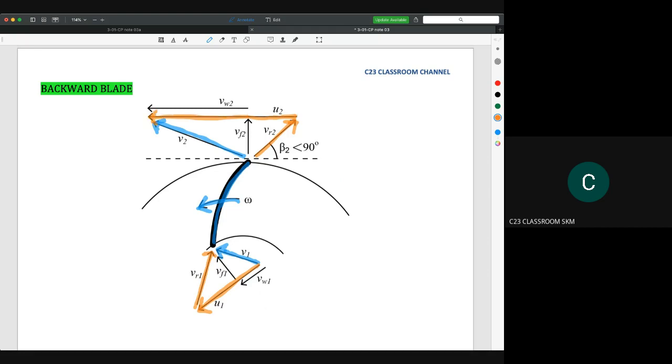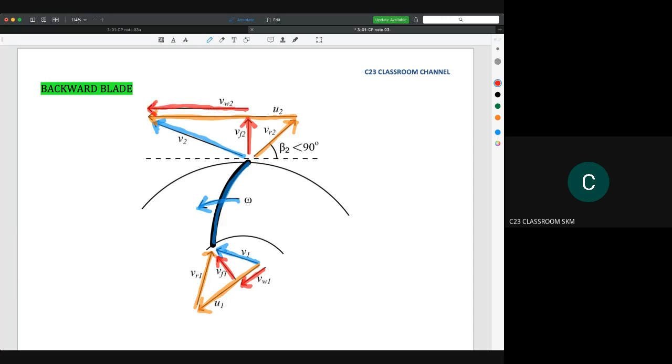Then we could draw the components of the actual velocity. We could draw the VF1 here, and the V-whirl 1 here, and this is VF2 and V-whirl 2.